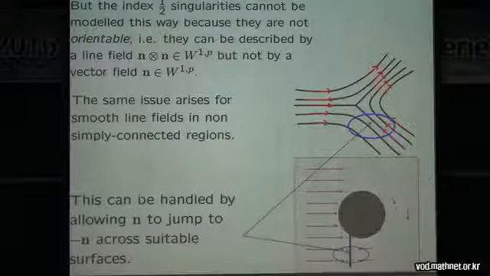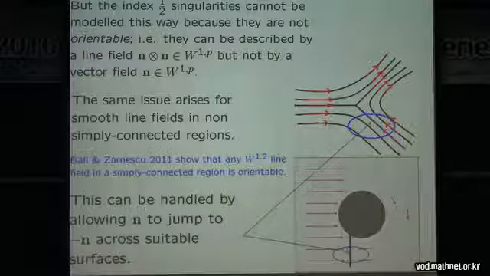So that's a purely mathematical reason why it might be useful to allow n to jump across a surface. Just a remark: if you have a W^{1,2} line field in a simply connected region, it's orientable, but this is not a W^{1,2} line field.